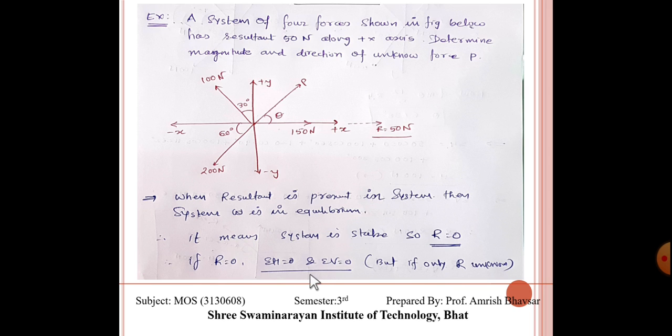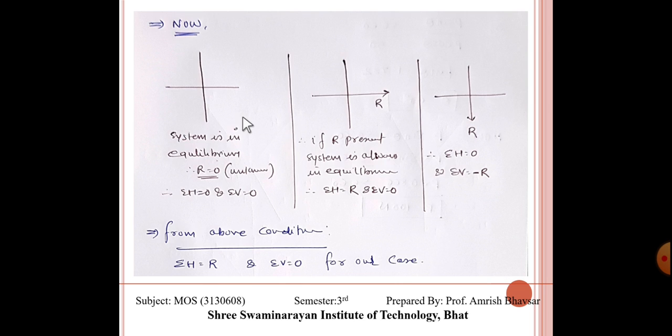But when R is unknown to us, and the system is stable, but we do not know about R, then sigma h and sigma v are both 0. But when R is present in a system, then it is automatically stable and in equilibrium.